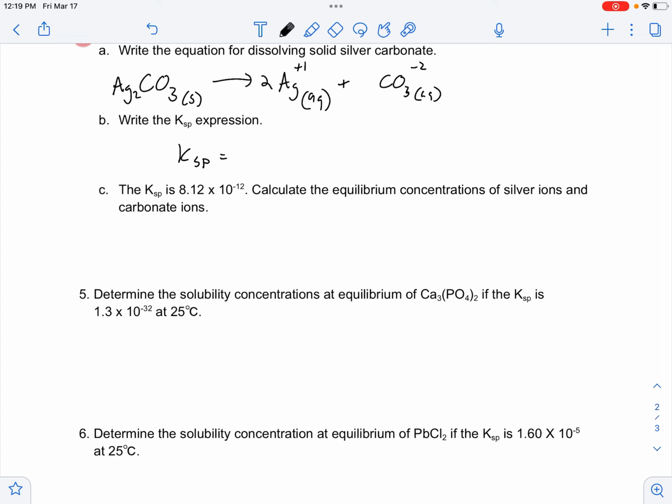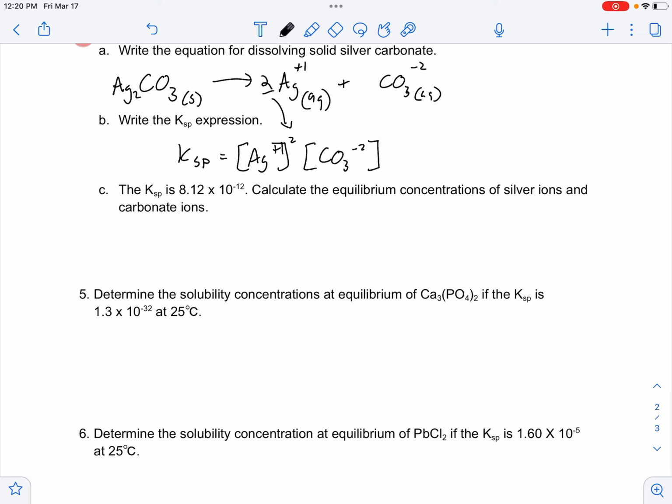Okay, so we square that because of our coefficient 2. And then our carbonate's -2. So this is our Ksp, our setup.